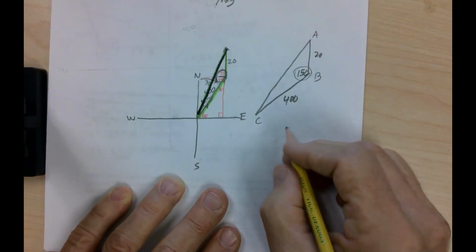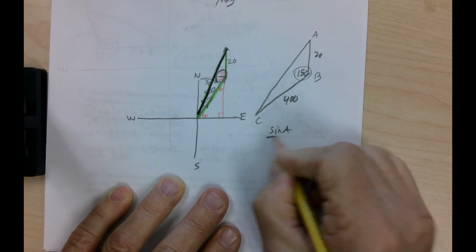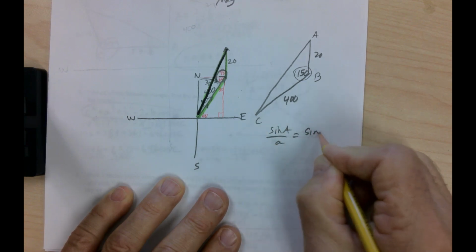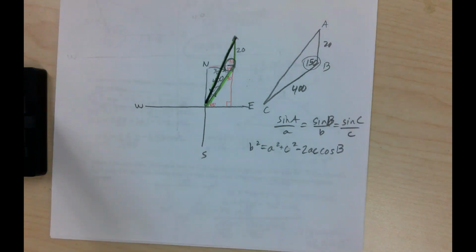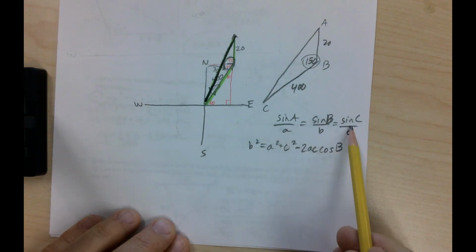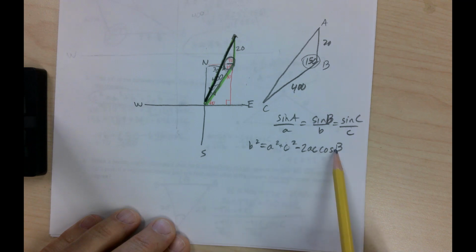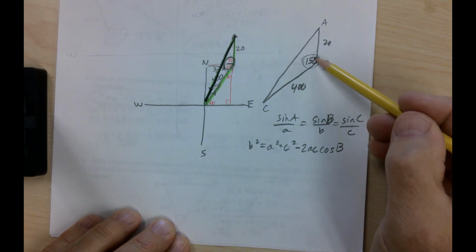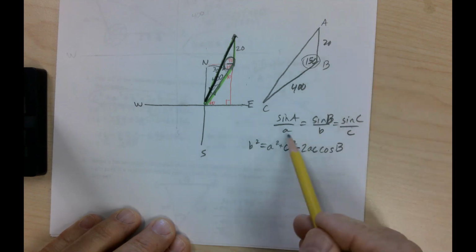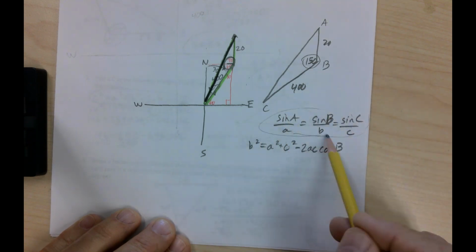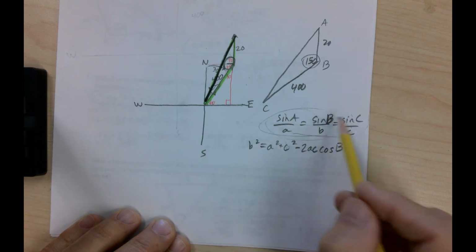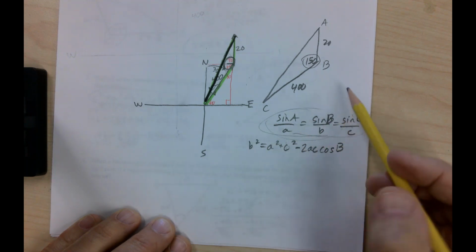And now we've got our law of sine, sine of A over A, sine of B. All right, so there's your law of sine, law of cosine. Now here's the thing. In order to use the law of sine for this, I'd need 2 of the 3 fractions, 3 of the 4 parts.